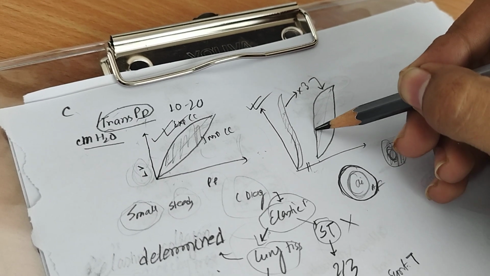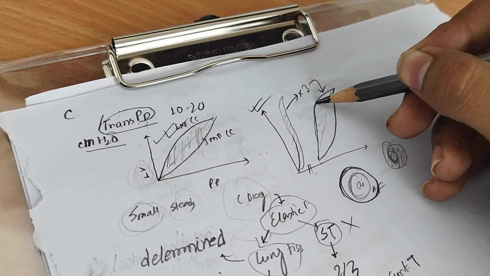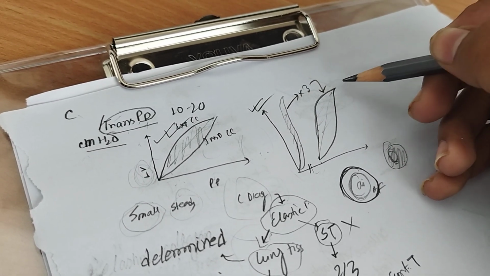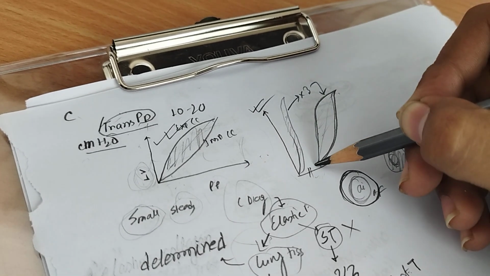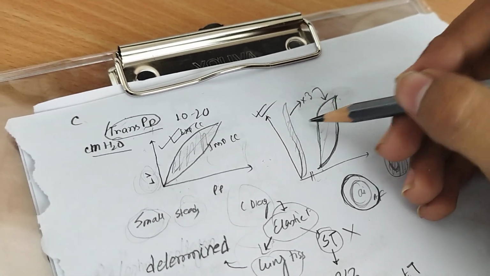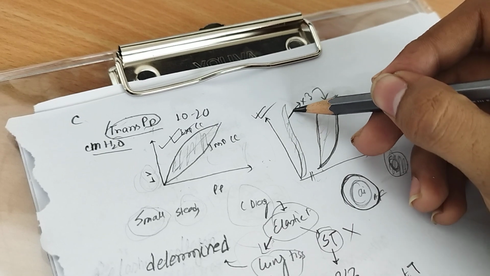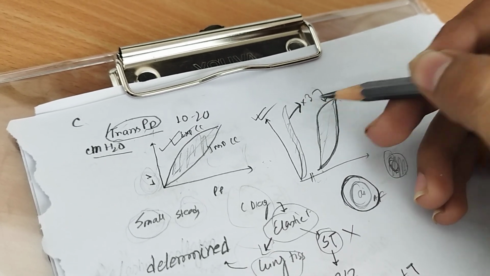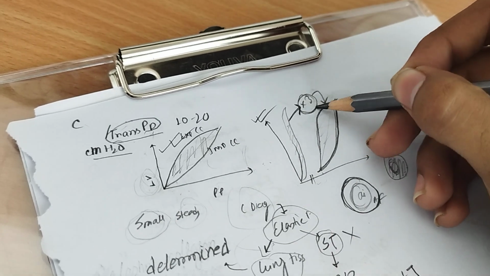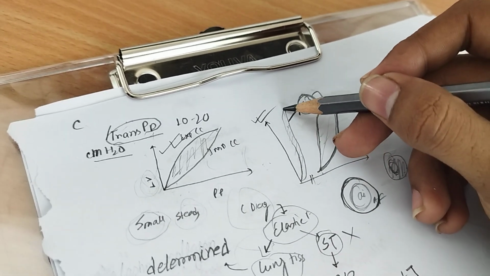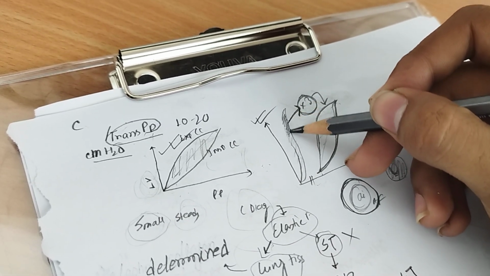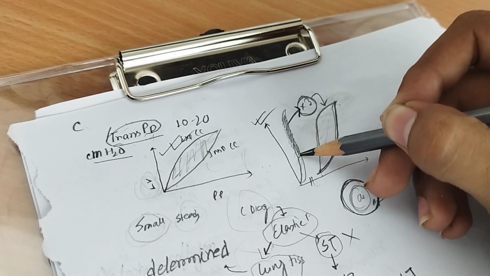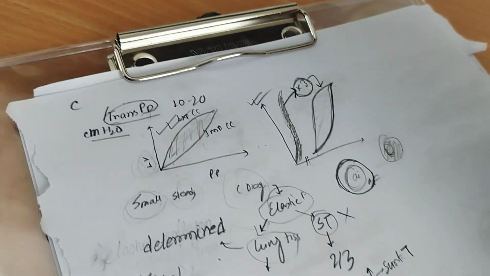But in general, the compliance diagram is like this. So in general we need 3 times more force to expand the lung in comparison to when there is no surface tension factor.